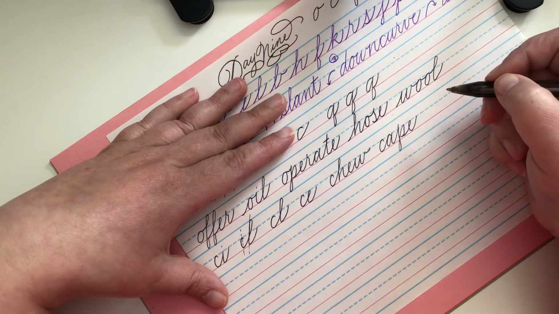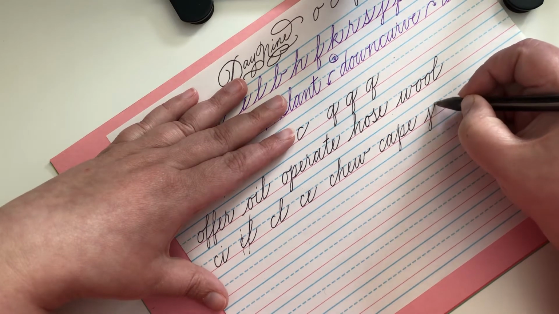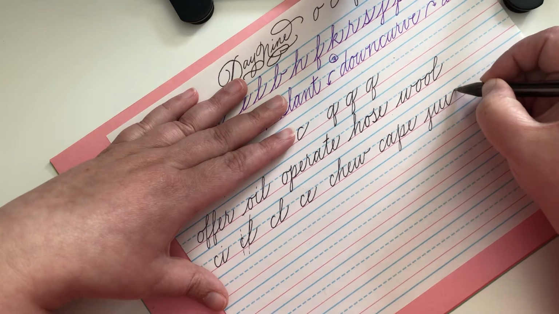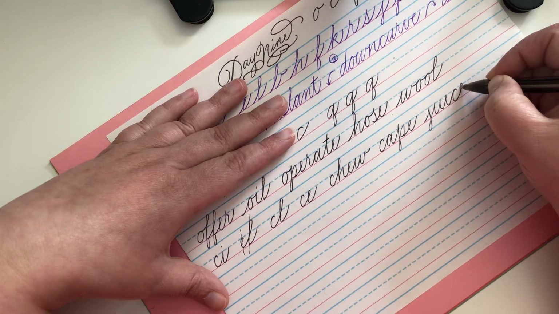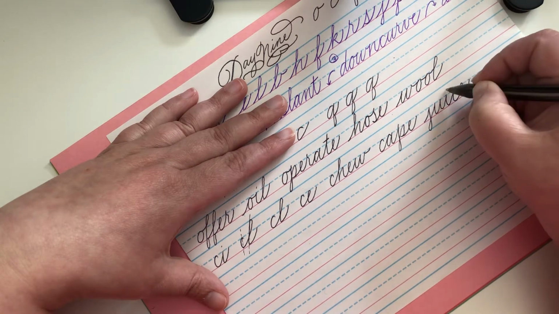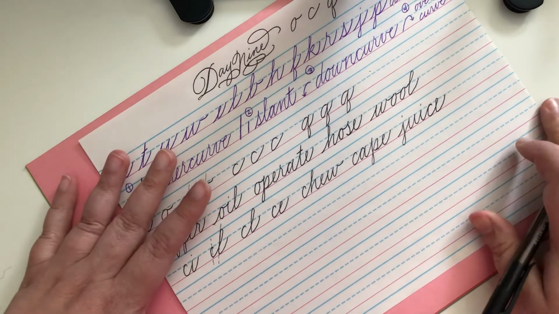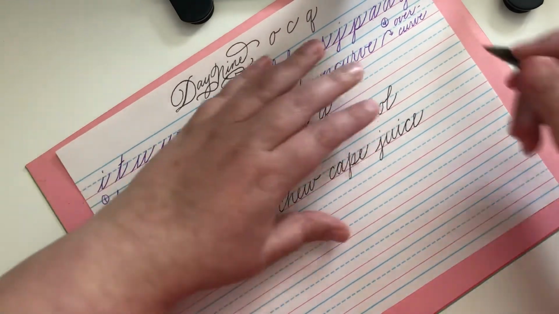And juice. Undercurve, down curve, undercurve, loop back, slant. How about luck?